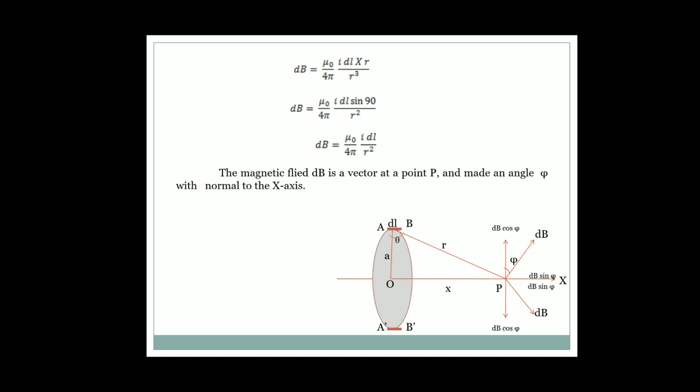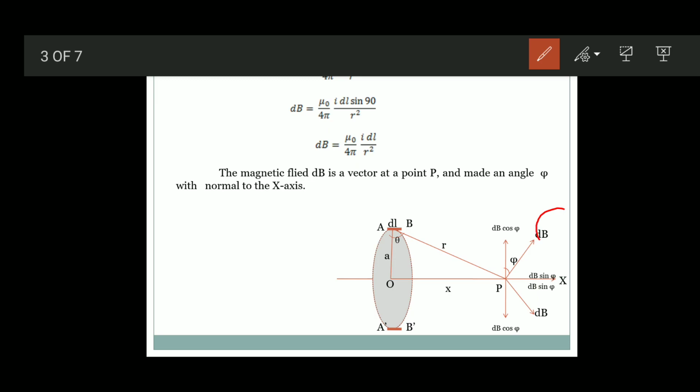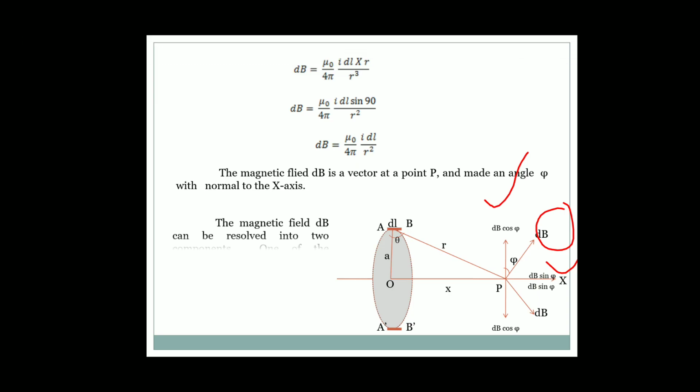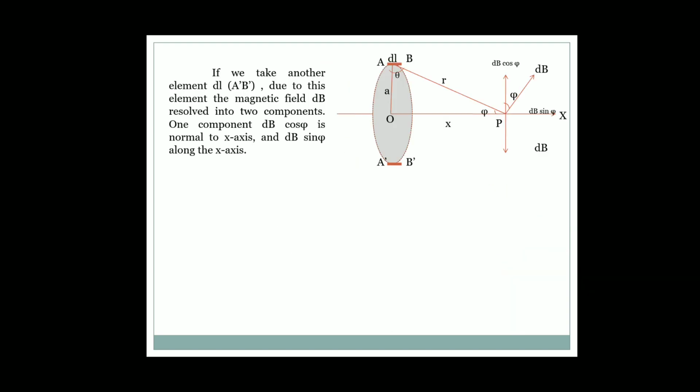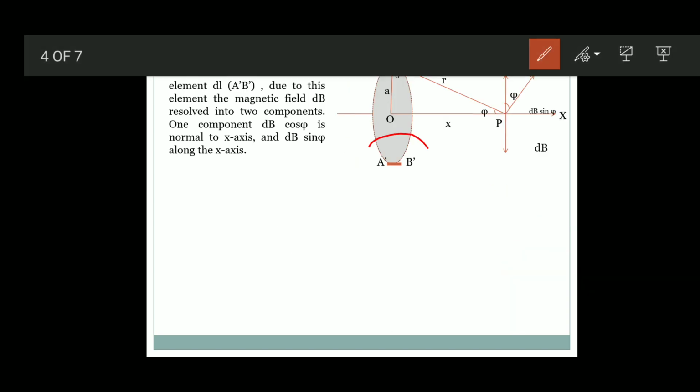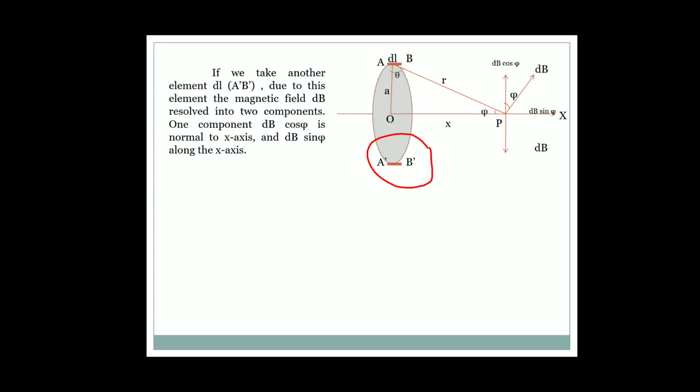But already I told you that dB can be resolved into two components, that is dB cos phi normal to the x-axis and dB sin phi along the x-axis. Similarly for A'B', the small element opposite to AB, there are two components, dB cos phi normal to the x-axis and dB sin phi along the x-axis.